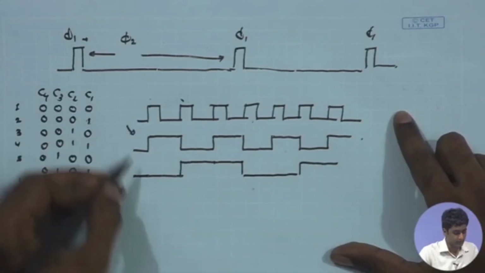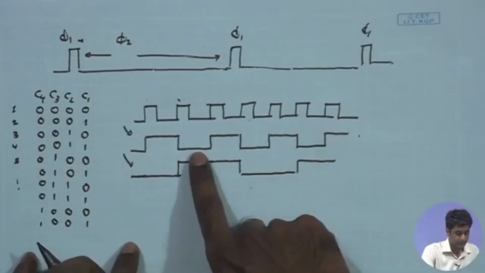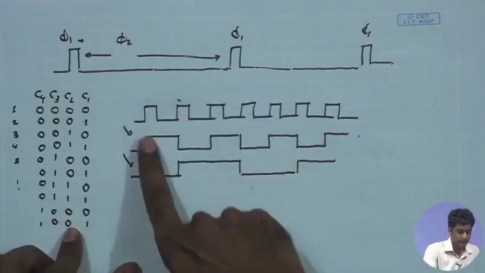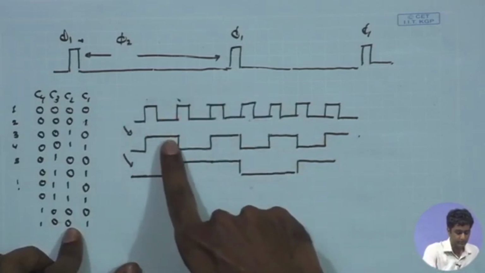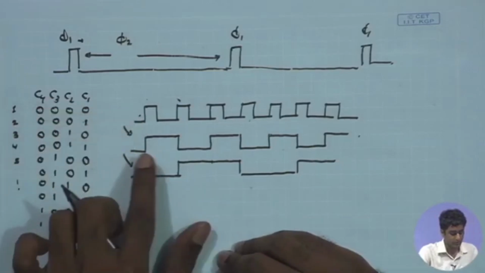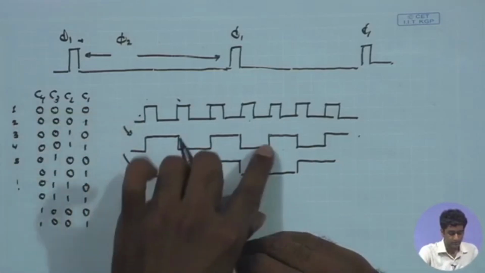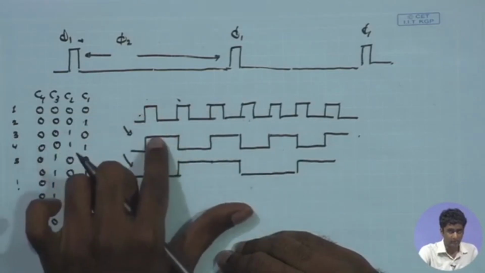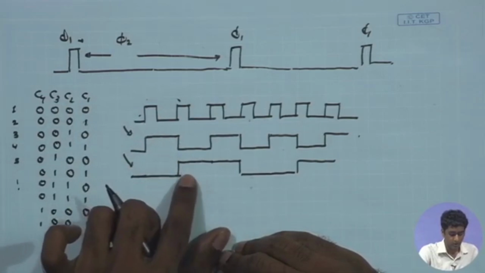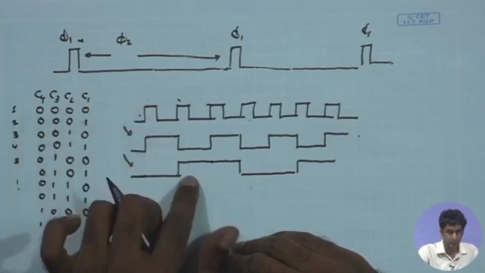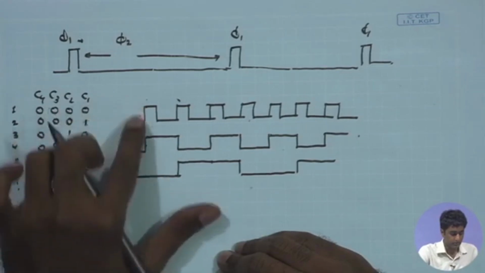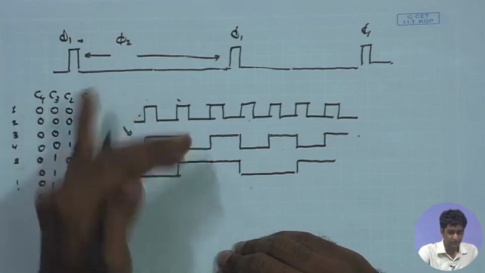So, if I look at the waveforms, we effectively see that C1, C2 and so on have frequencies which are divided by 2 of the previous stage. If this is the original clock, we can see that C1 is also behaving like a clock with frequency half that of the input clock. Likewise, C2 is also going to behave like a clock with frequency 1/4 of the input clock and so on, and they are triggered at the transition of the previous clock pulses.